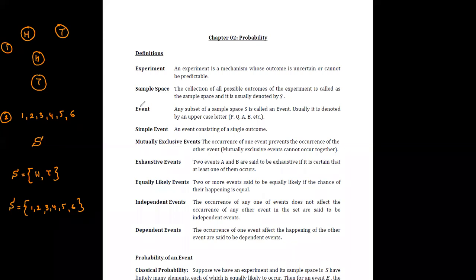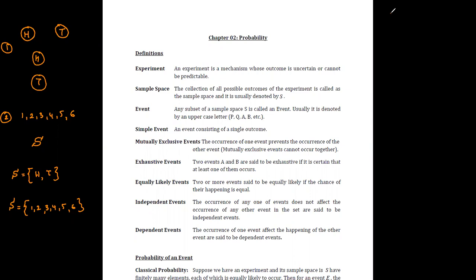Generally, an event is denoted using uppercase English letters, but we do not use the uppercase letter S, because it is already allocated for the sample space. Apart from S, we can use all other letters to denote an event.